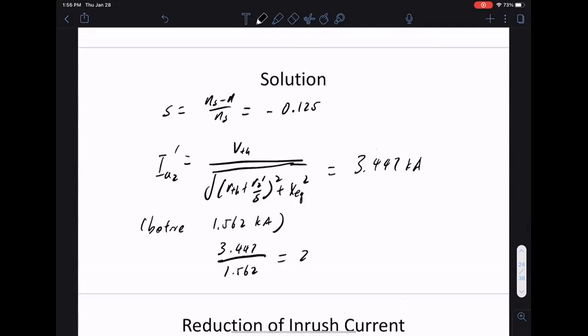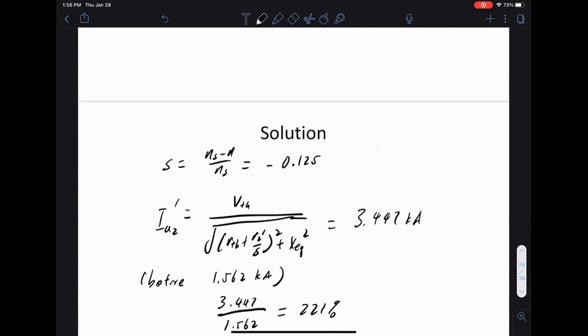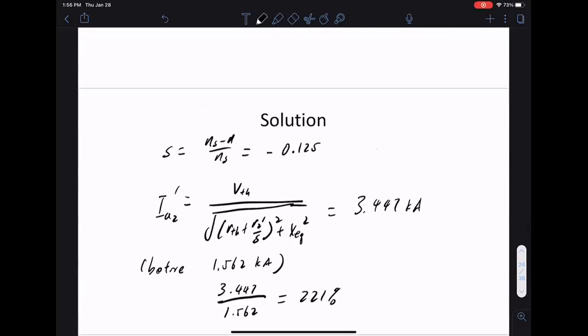So this is about 200%. Basically, when you first connect it, you have a surge of current that's 200% of your normal operating current. If you have too large a current, what happens? You tend to trip protection devices. A lot of the protection devices in the grid work by sensing whether the current is large.